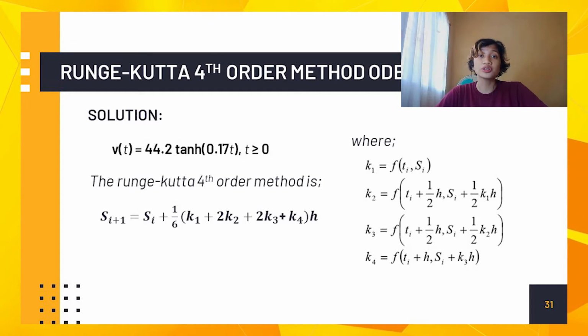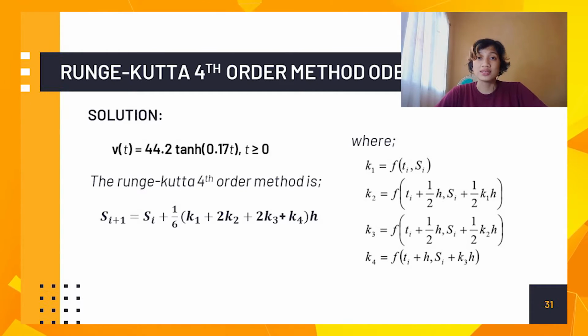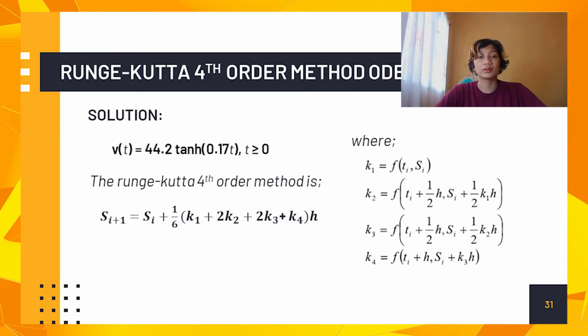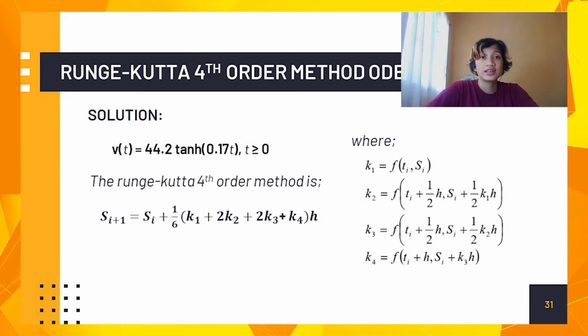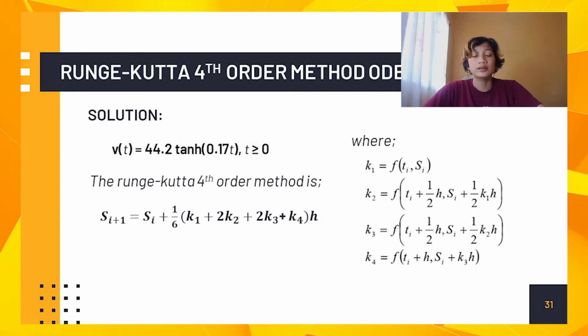The Runge-Kutta fourth order method is S sub i plus 1 is equal to S sub i plus 1 over 6 times k1 plus 2k2 plus 2k3 plus k4 times h, where k sub 1 is equal to f of t sub i, comma, S sub i. k sub 2 is equal to f of t sub i plus 1/2 h, comma, S sub i plus 1/2 k sub 1 times h.